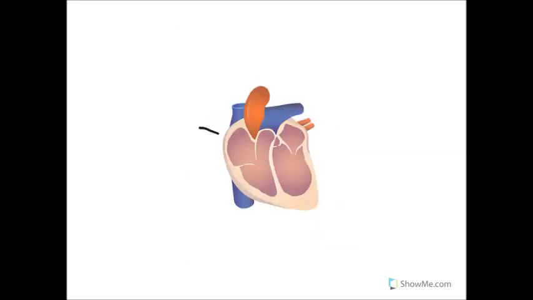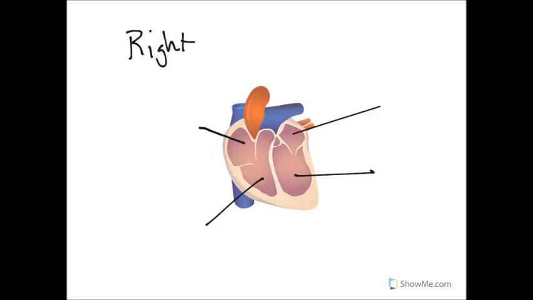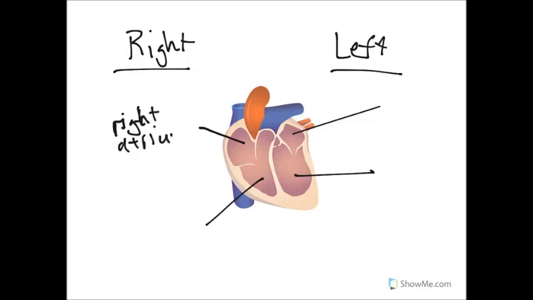And first off, the mammalian heart, including the human heart, possesses 4 different chambers. Now, this being the right side, and this being the left side of the heart, there would be a right atrium, and there would be a left atrium.